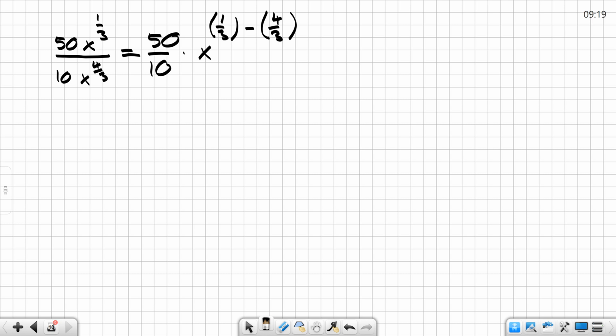Now 50 divided by 10, that is just 5. 1/3 minus 4/3, that will be a negative 3/3, which is a negative 1. And x raised to the negative 1, we never leave negative exponents, so we just move this x into the denominator, x to the positive 1. I do not need to write the 1. This is my final answer.